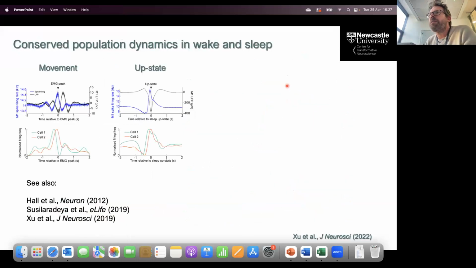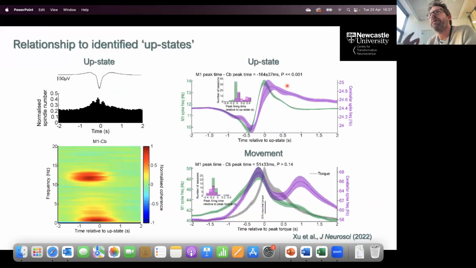Without wanting to go into too much detail about this, we got quite interested, despite that difference, in whether there is actually a similarity between the pattern of activity that we see in this cerebro-cerebellar network during waking and sleep.